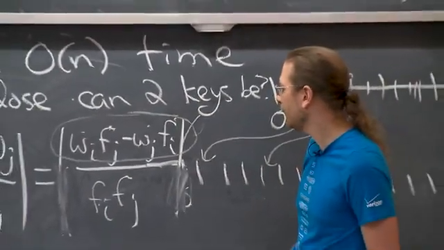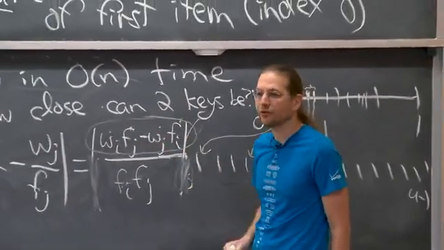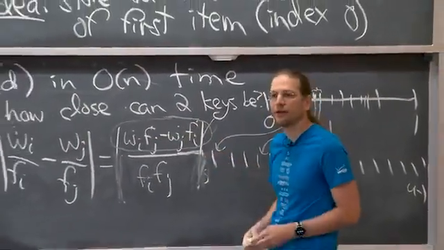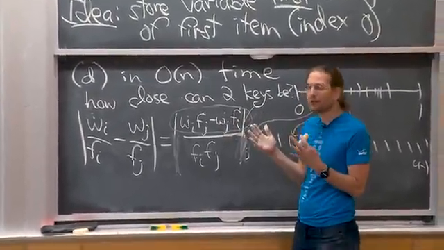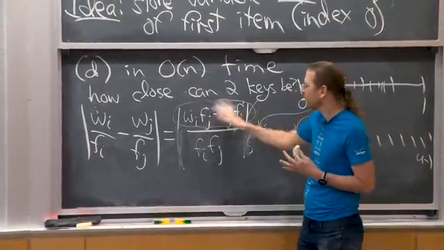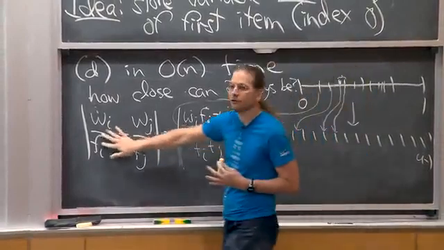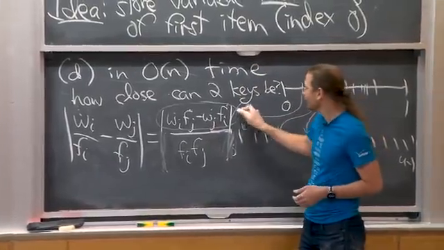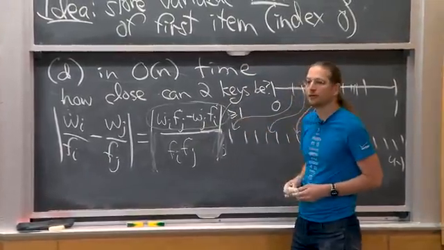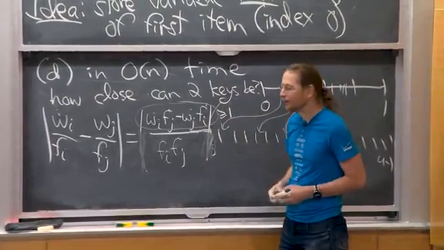So it could be equal to 0. It's a non-negative integer because all the things are non-negative. It could be equal to 0, but if it's equal to 0, that's actually identical ratios, right? If this is 0, the whole thing is 0, and so these two values were the same. Okay, but let's suppose it's not 0. If it's not 0, it's actually at least 1 in absolute value because it's an integer.